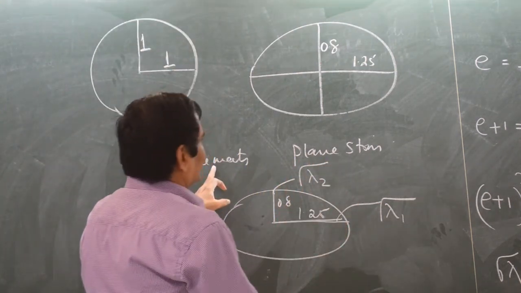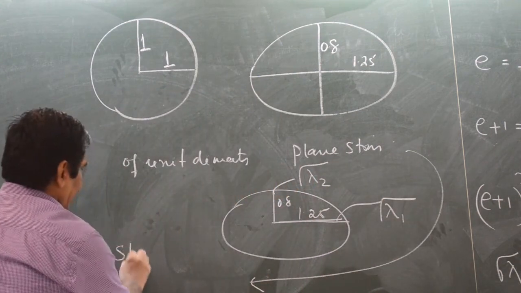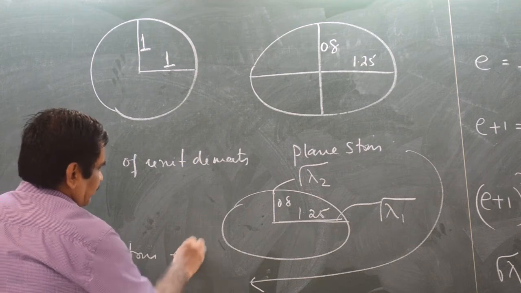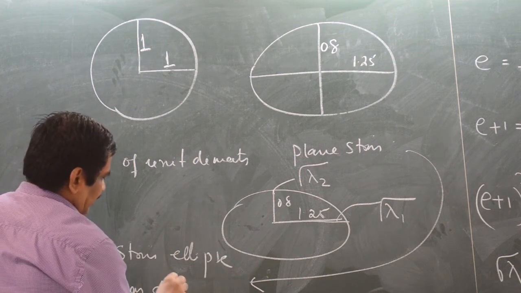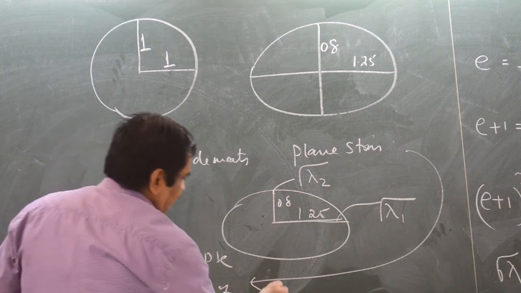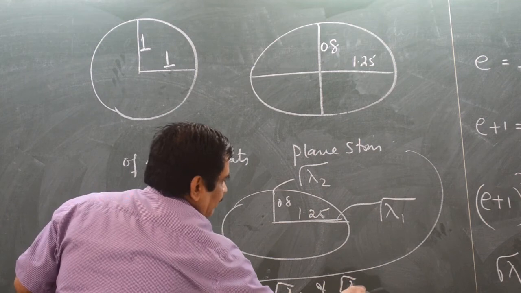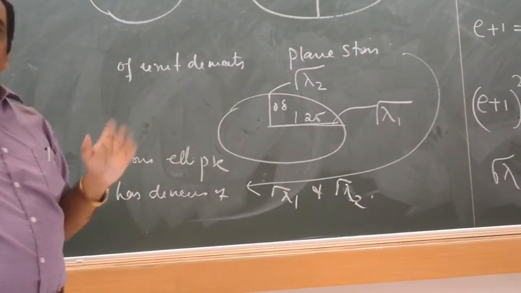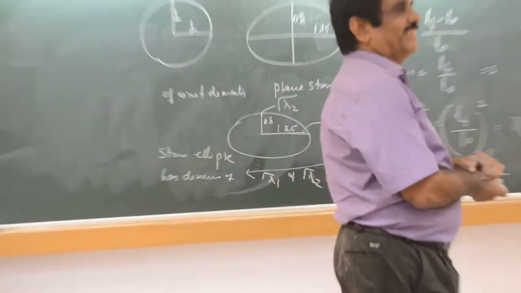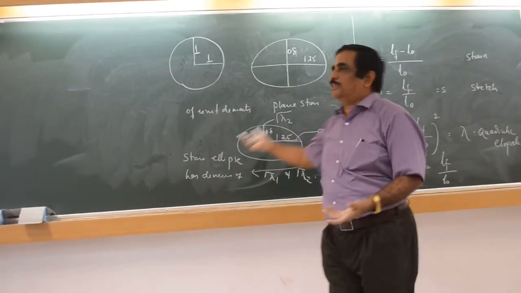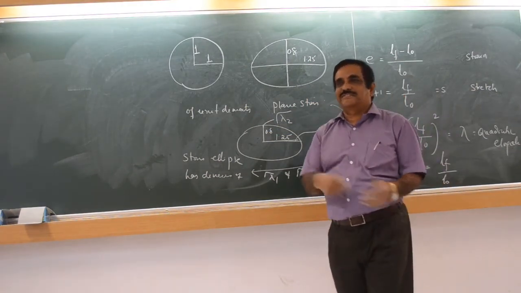A circle of unit dimension, if it undergoes plane strain, then the strain ellipse has dimensions of root lambda 1 and root lambda 2. Did you understand this or not? The value has no meaning. It is root lambda 1, root lambda 2 dimension.